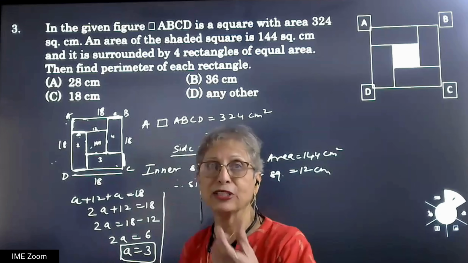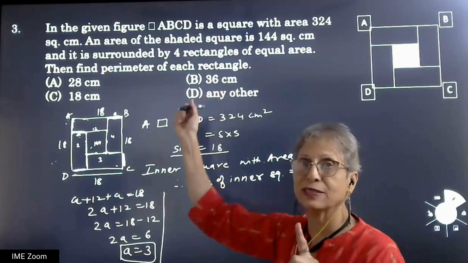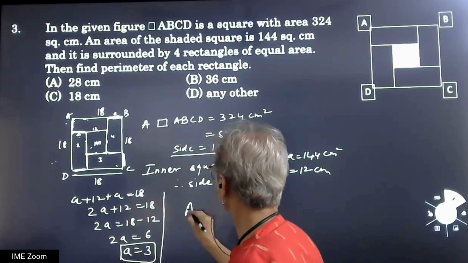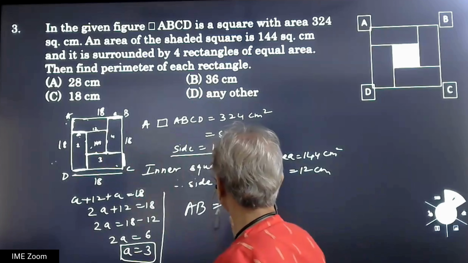Now what we got? We got the breadth of that smaller rectangle. Now what we need to find is the perimeter of each rectangle. Length. Now look here. What is AB? AB is fully 18.